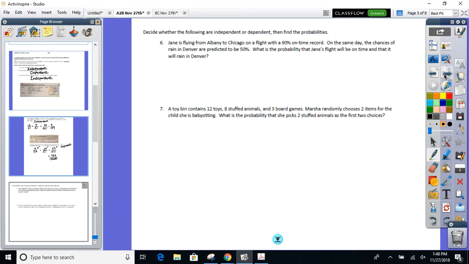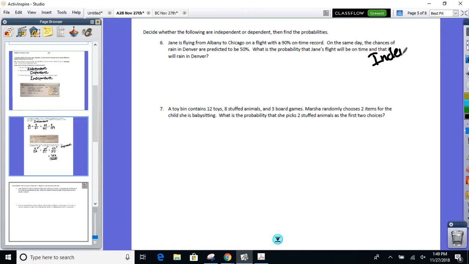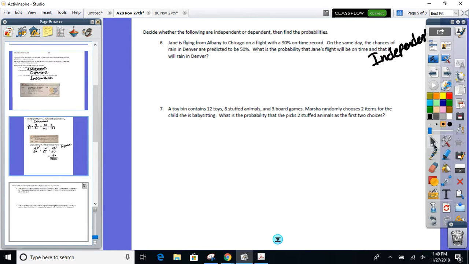First question, does one affect the other? If her flight's on time from Albany to Chicago, no. So these are what type of events? Independent events, all right. So let's find the probability both happen at the same time. Ready? What's the probability her flight's on time? 90%.